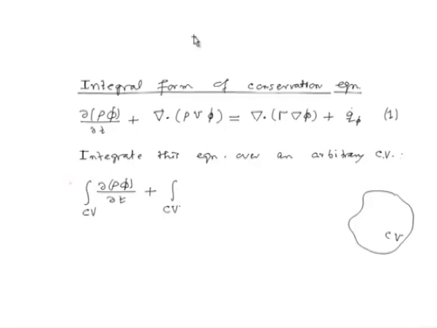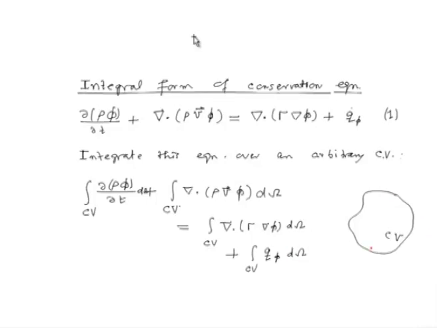Now, this is a summation here, so we can write each one of these as separate integrals: divergence of gamma times gradient of phi d omega plus the volume integral over CV of q phi d omega.